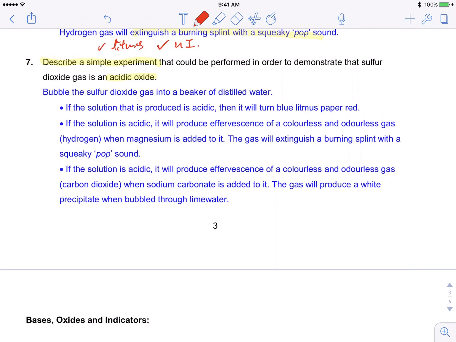If it can react, we can test with moist blue litmus. If moist blue litmus turns red, then you know that acidic oxides can react.